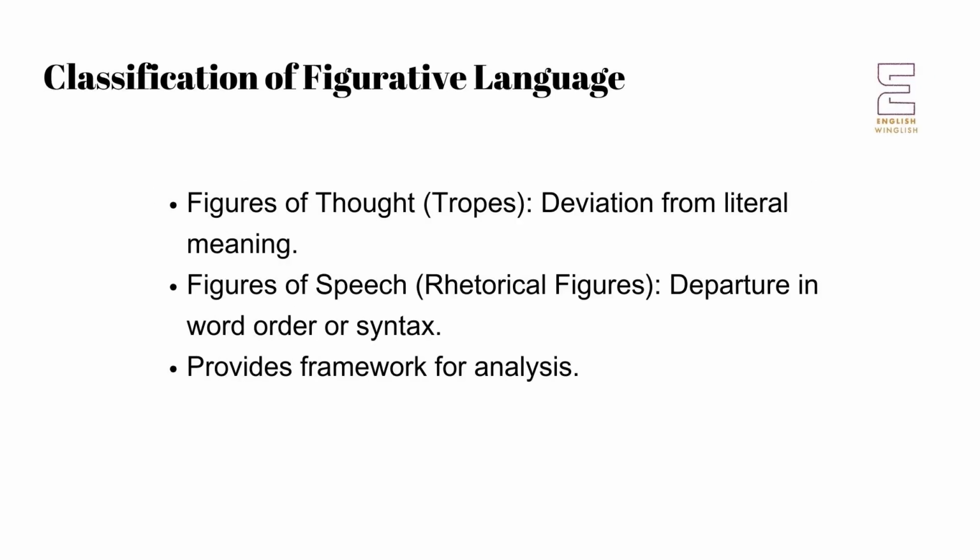Classification of figurative language. The classification of figurative language is typically divided into two main classes: figures of thought or tropes, and figures of speech or rhetorical figures. Tropes involve using words or phrases in a way that deviates conspicuously from their standard meaning, while rhetorical figures involve a departure in the order or syntactical pattern of words.